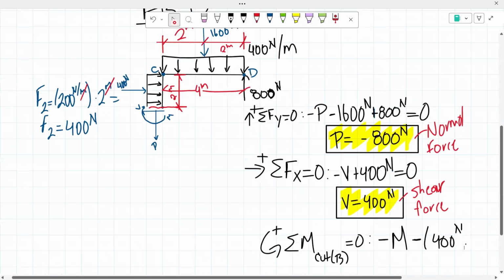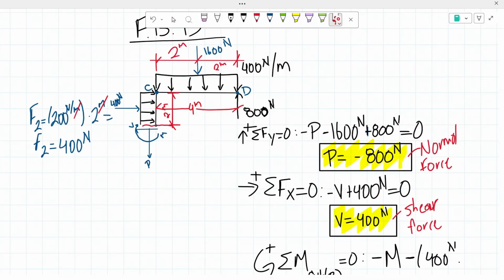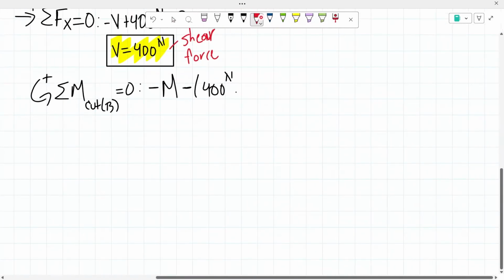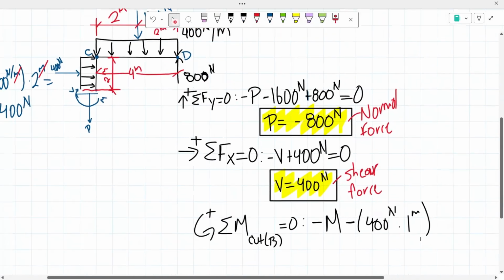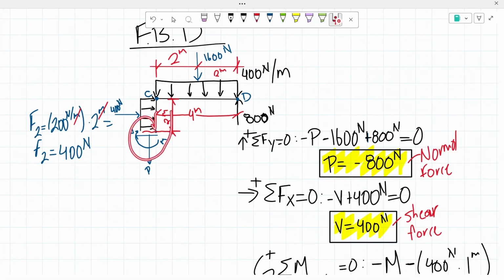newtons. And then the distance, we said that from the concentrated force to here, there's a distance of 1 meter since it is half of our member, so 1 meter. From here, we have our concentrated force of 1600 newtons. We know that this is also going to be creating a clockwise moment, meaning a negative moment.